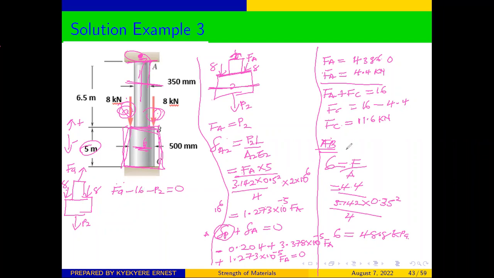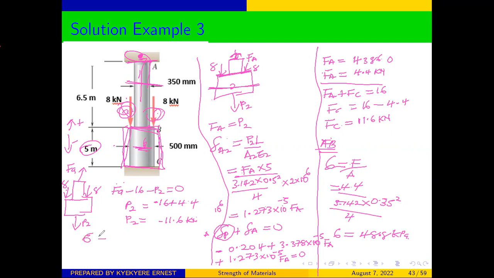We had already calculated FA at 4.4, so we can see that P2 will be equal to negative 16 plus FA, which is 4.4. And from there, P2 is equal to negative 11.6 kilonewtons.